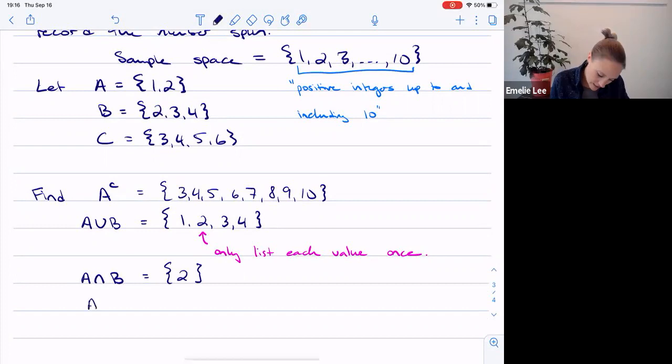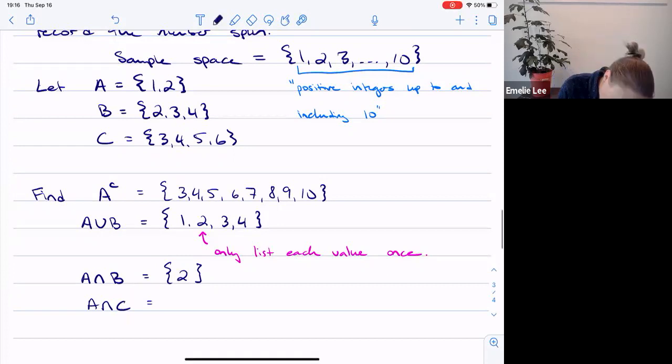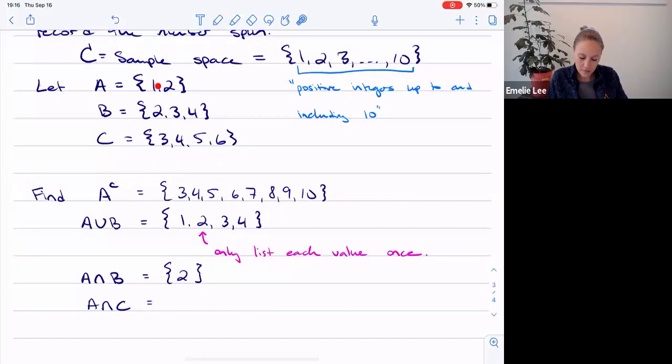What about A and C? Notice that this is not a script C, it's just referring to this C. That's where it can get a little bit confusing, but I'm going to try to put a little tail on the sample space. Okay, so A and C, 1, 2.